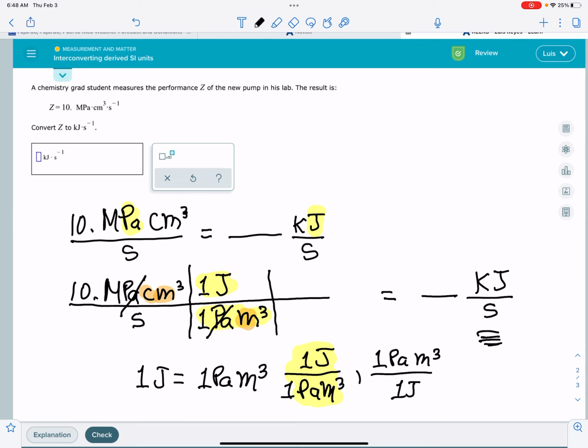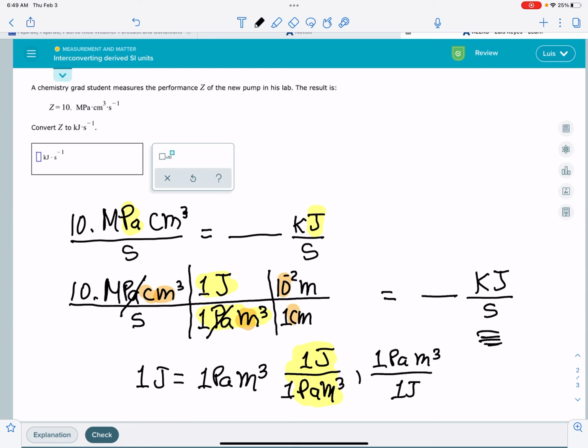Centimeters is in the numerator, so I'm gonna put it at the bottom to get rid of it. 1 centimeter equals 10 to the minus 2 meters. That's what the centi means, right? So I'm dealing with my prefixes. Centi means 10 to the minus 2.